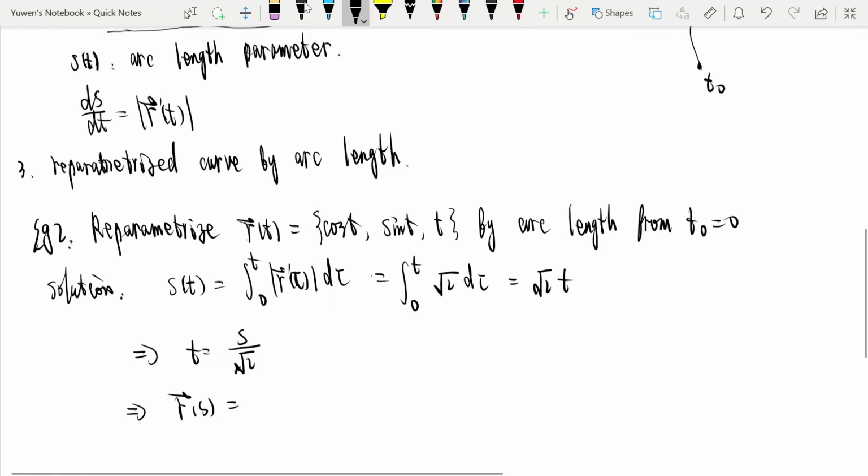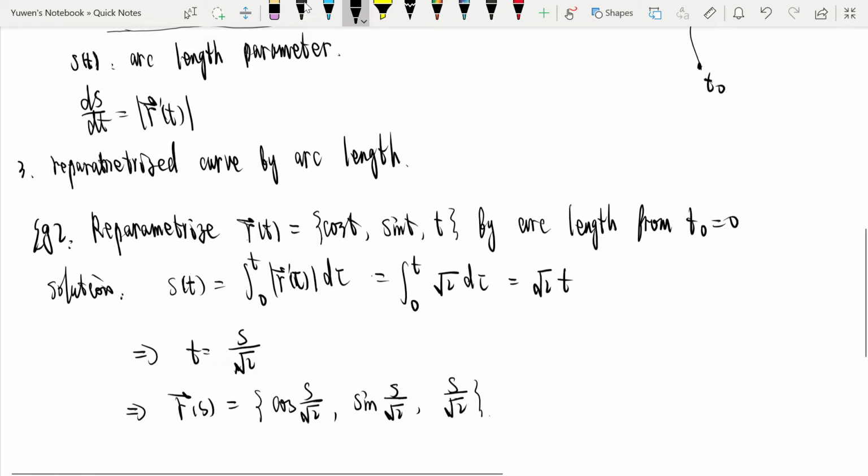So r(s) is cosine s over square root 2, and sine s over square root 2, and s over square root 2. That's the representation by arc length.